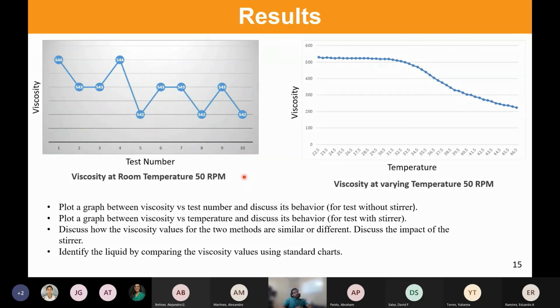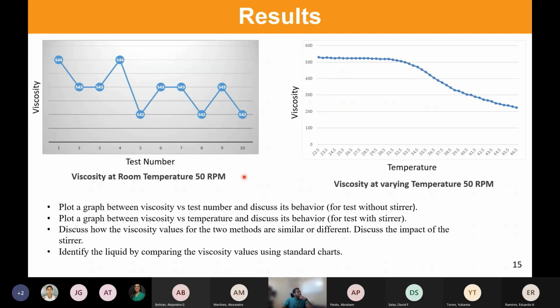So the reason for plotting against test number is to see which oil was used for which experiment. As you get different viscosity at different test numbers, you can compare those viscosities with the already proven viscosities online, and make a table telling, hey, this liquid is used in experiment 1, this one is number 2, this one is number 3, or maybe all the liquids are the same liquid. Okay, but which one is it?